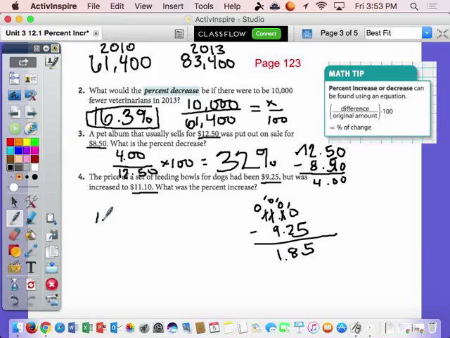So we have $1.85 over, what was the original amount? $9.25 or $11.10? $9.25.